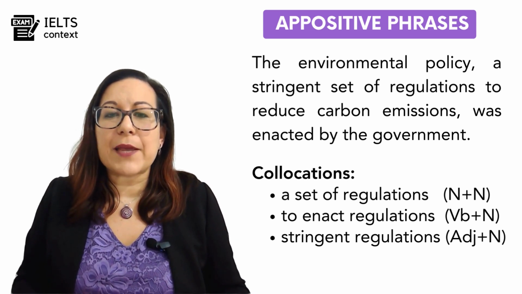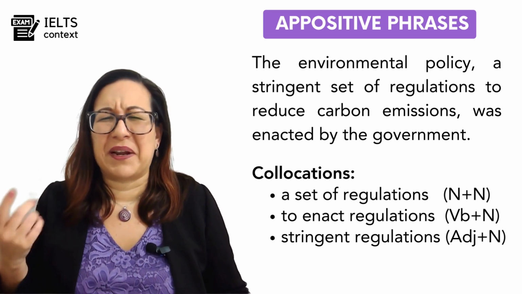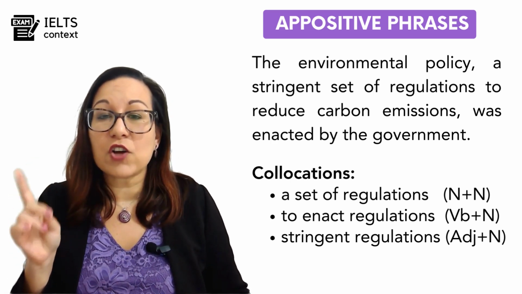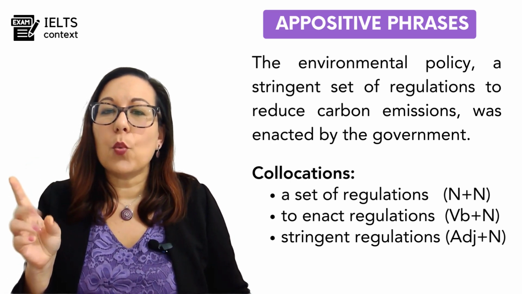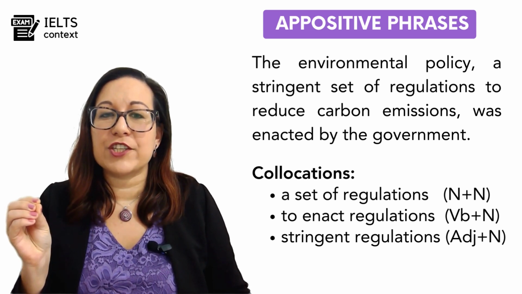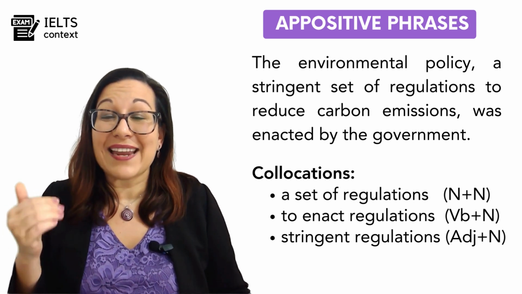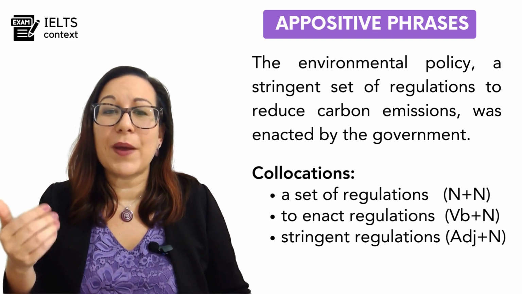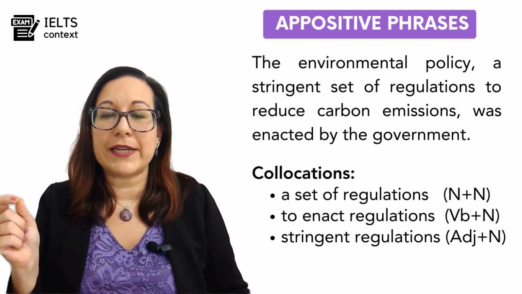You would not say a group of regulations. We have a set of regulations. So that's a collocation. And what do we do with regulations? Well, we enact them. So that's the first step in Parliament. So to enact regulations, great.